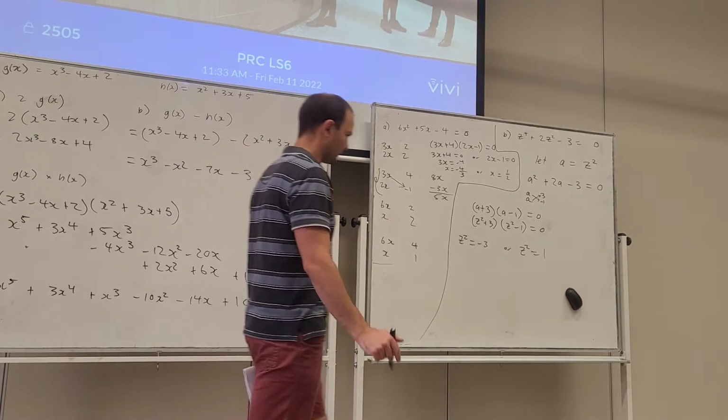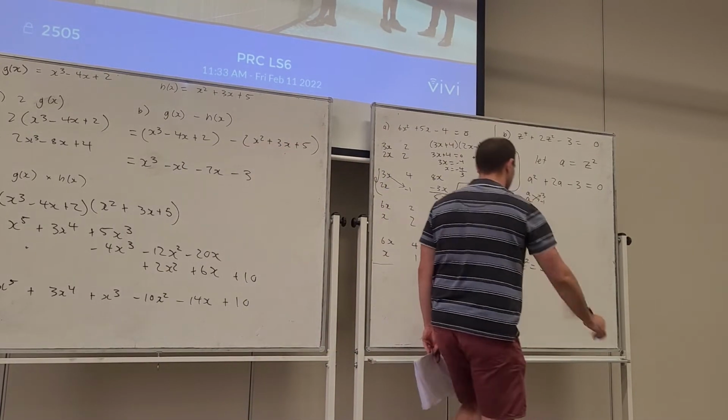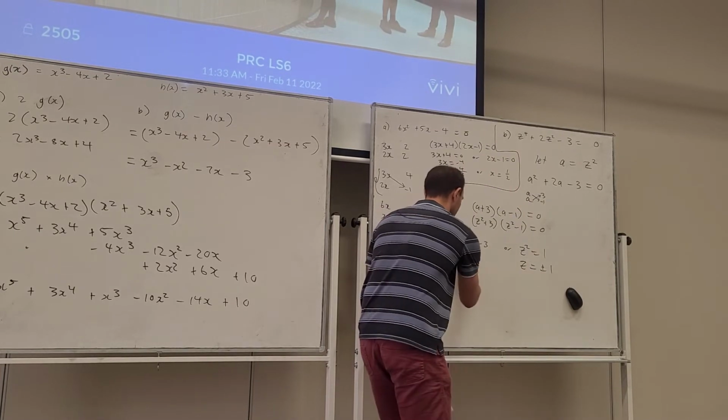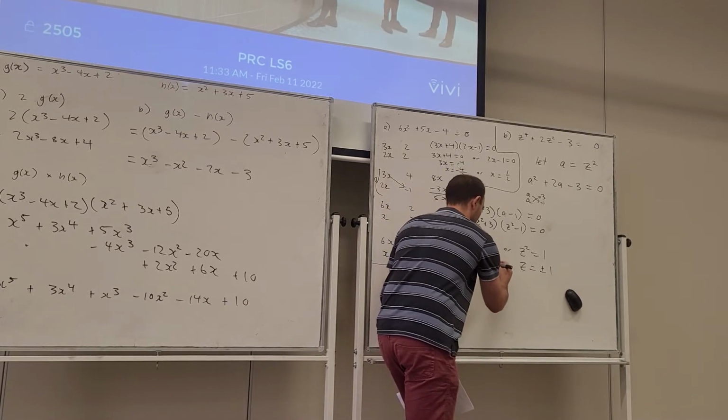Okay, we're going to keep going. And z is plus or minus 1 there. And in this solution here, we're going to get plus or minus the square root of minus 3.